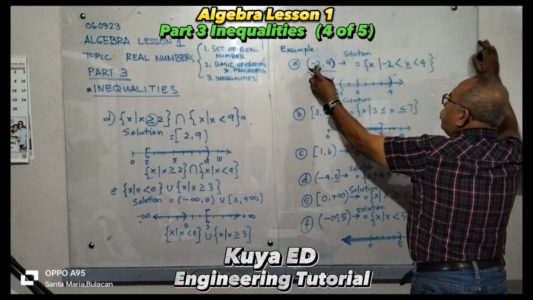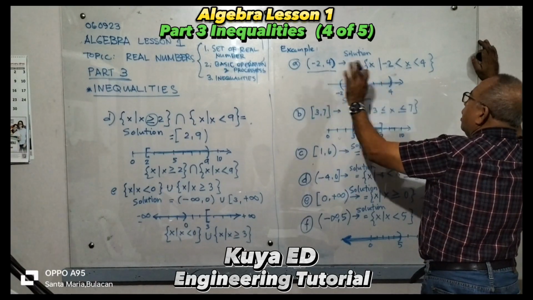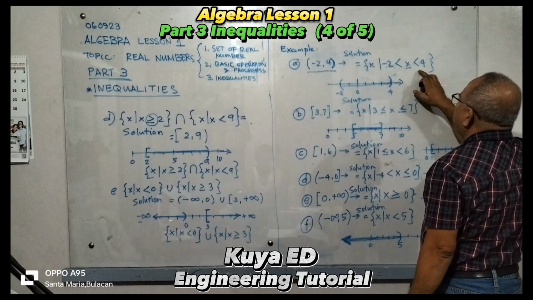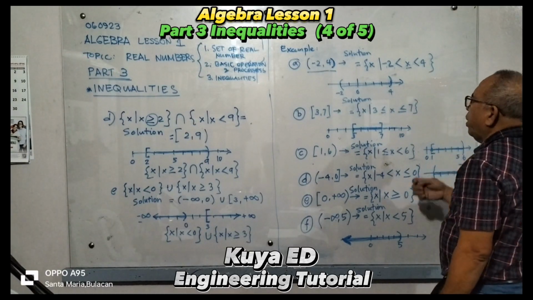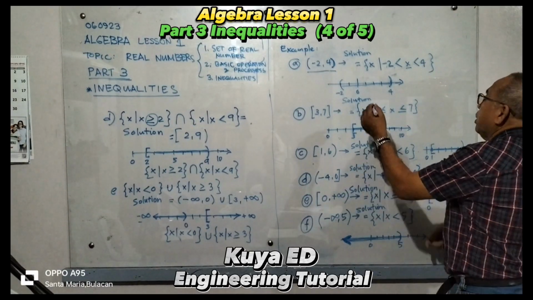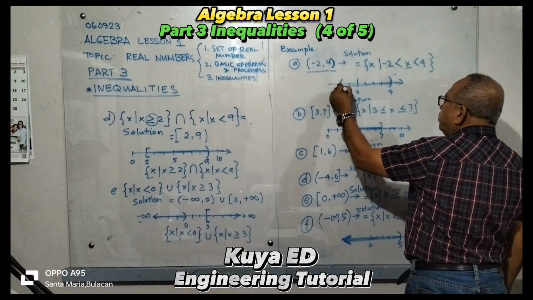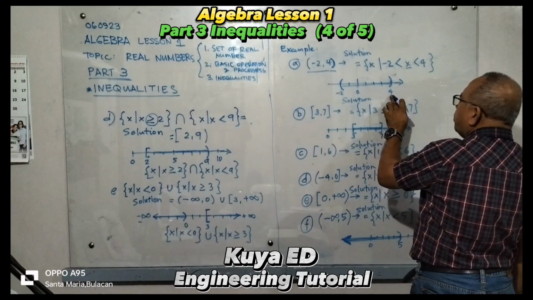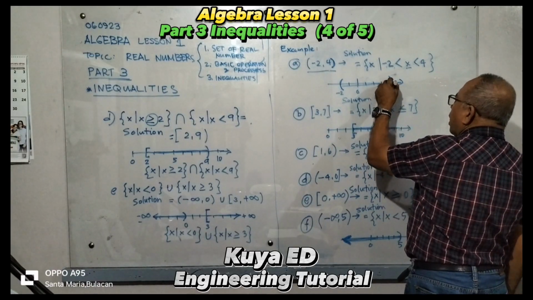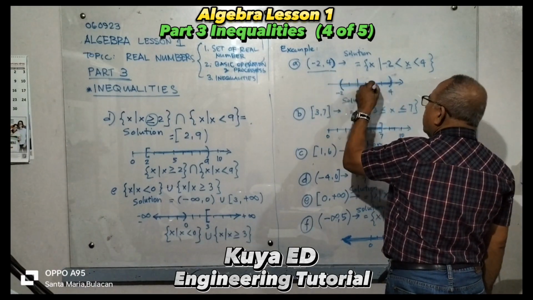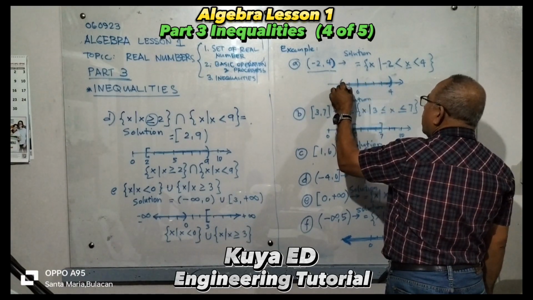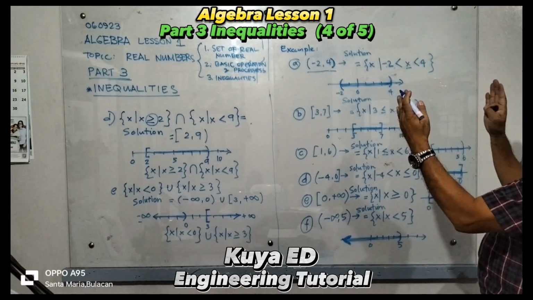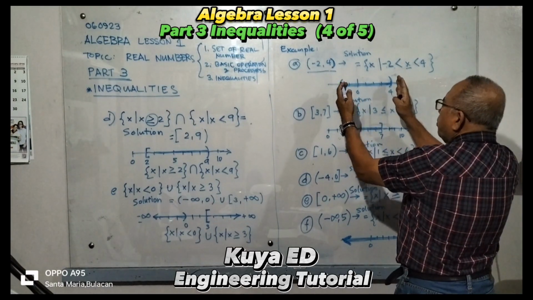So since negative 2 is to the left, so we use less than 4. So therefore, this is now how we draw it in a diagram. We have negative 2 and this is positive 4. But our concern at this point is within this area only. So it is limited with this portion.